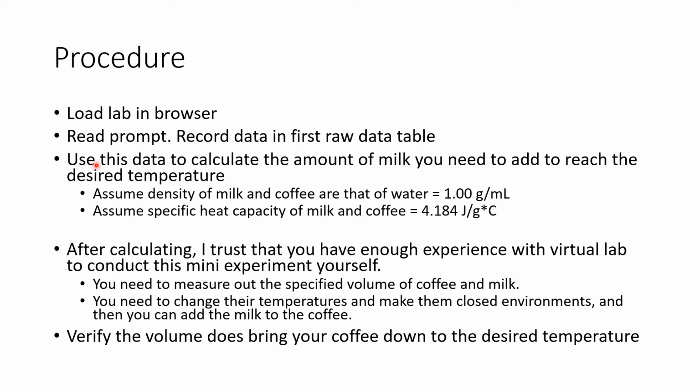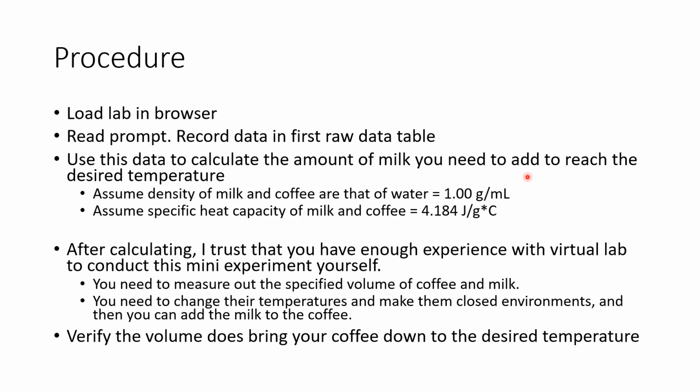And then from there, you're not going to begin the lab yet. You're going to use this data to calculate the amount of milk. Remember what I said on the previous slide, what your unknown was, your mass of the milk. That's what you're going to calculate for. And then you need to convert to the volume of that milk.